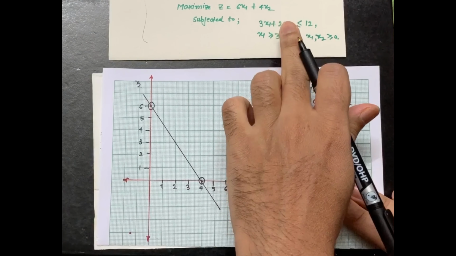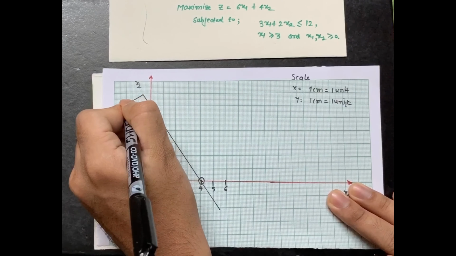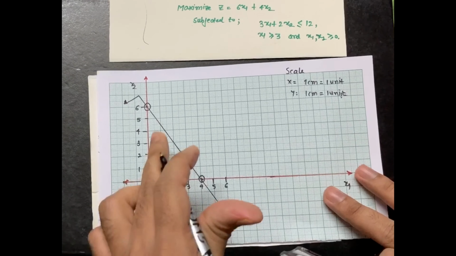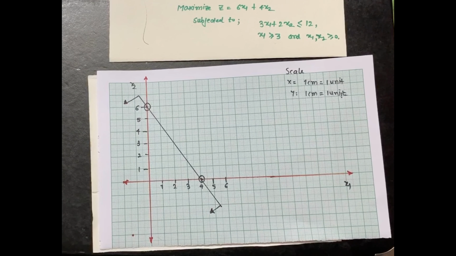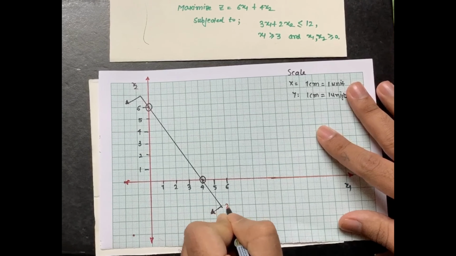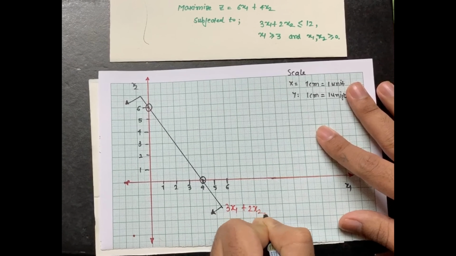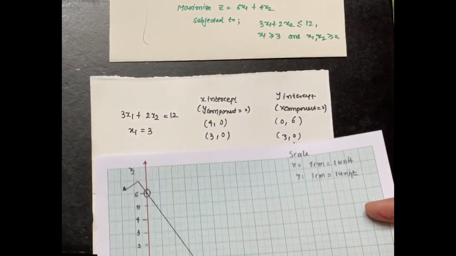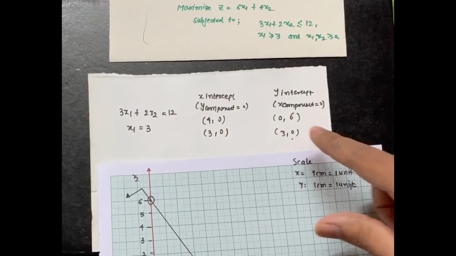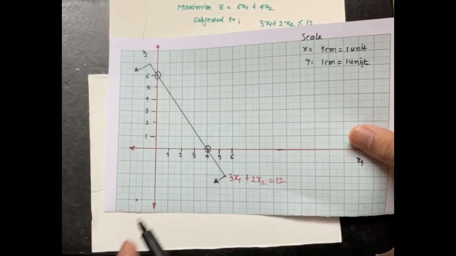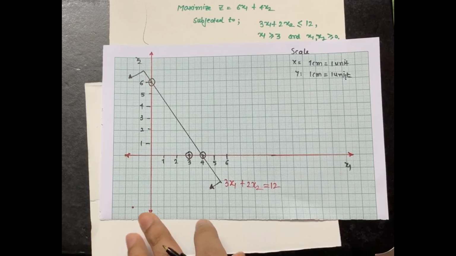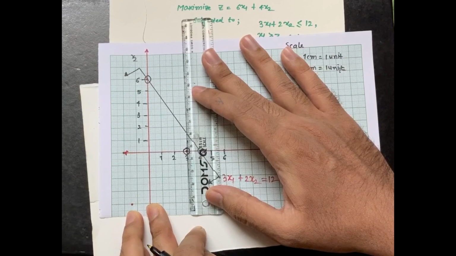The inequality here is of less than or equals to type, so less than or equals to means arrows in a downward direction. This is the feasible region. The equation of the line is 3x1 plus 2x2 equals 12. For the second one, it is x1 equals 3, meaning the point 3, 0, a line that is parallel to the y-axis.